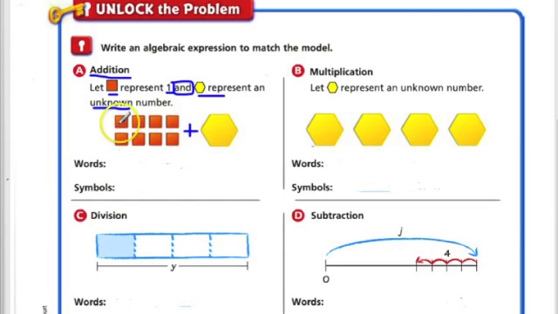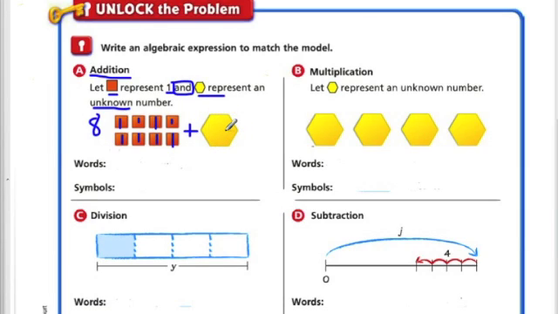This is my unknown. Each tile represents the digit 1. So if we put the digit 1 in each tile and we go back and count them all, we will see that there are 8 total. And so when I'm looking at my algebraic expression, this would be 8 plus a number.